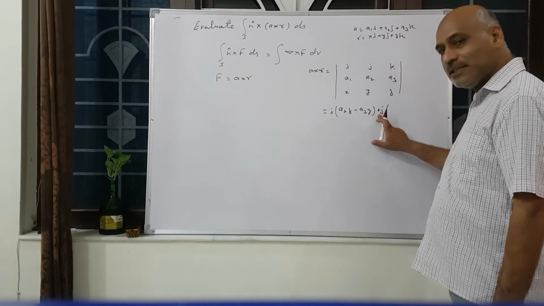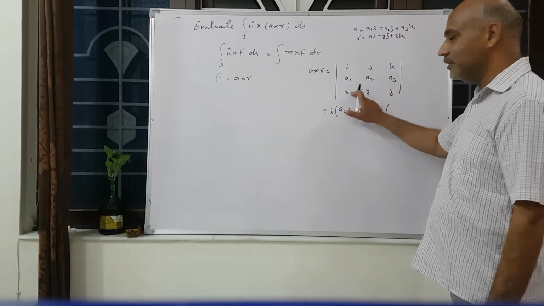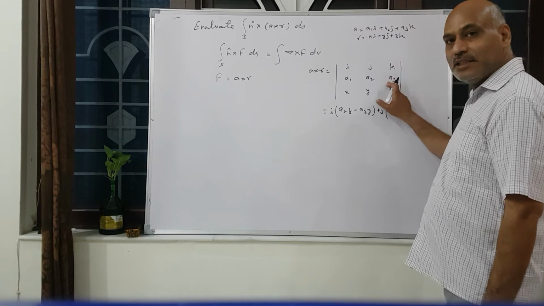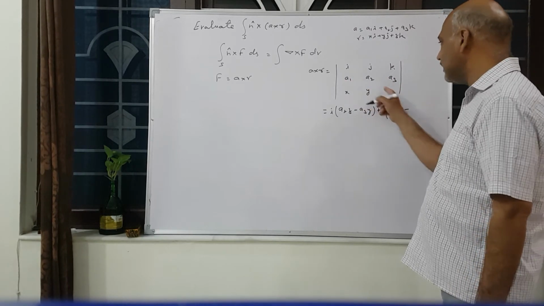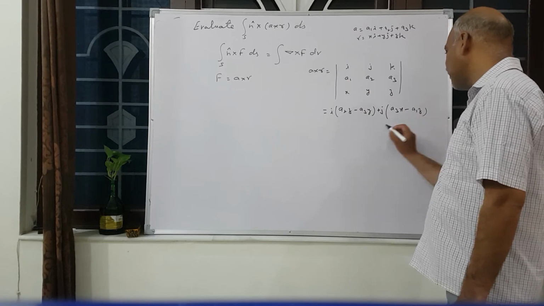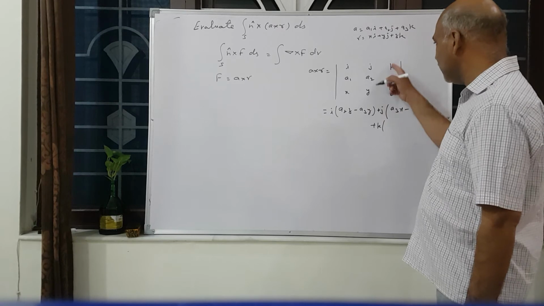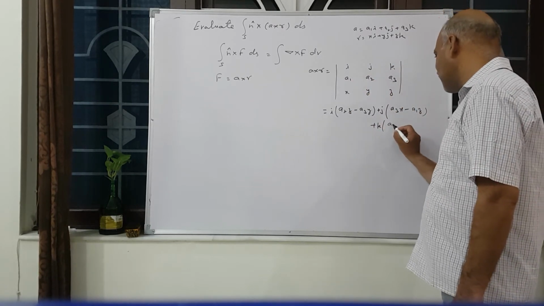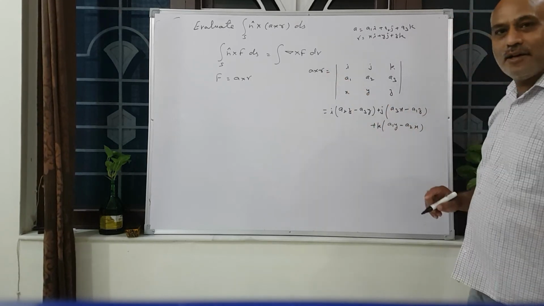So we multiply this and this: A3x minus A1z, plus k. What is here? A1y minus A2x. So this is A cross R.